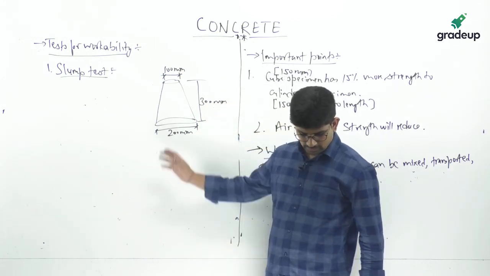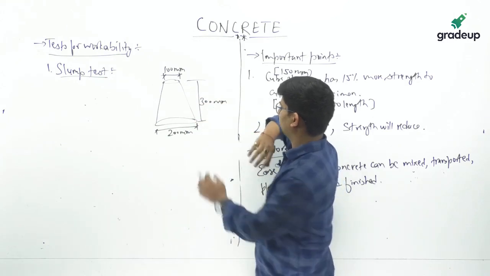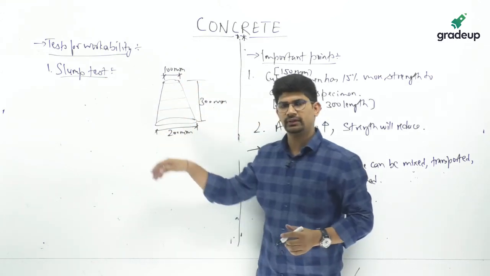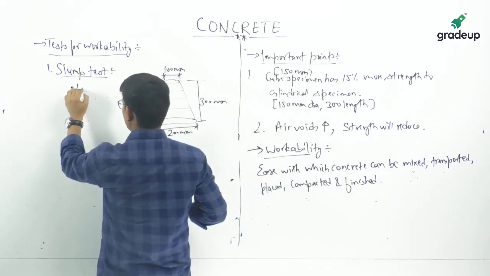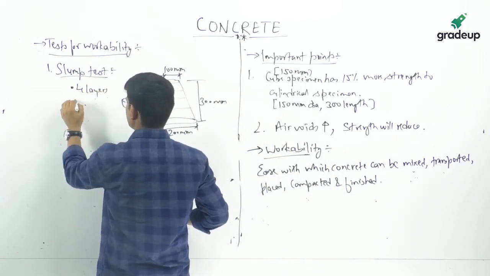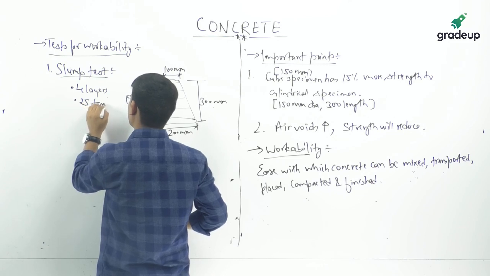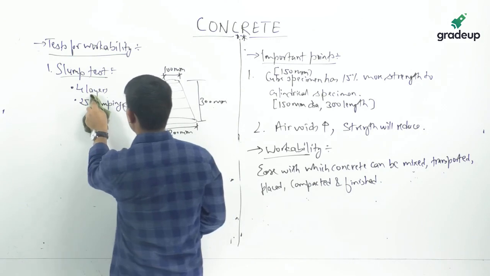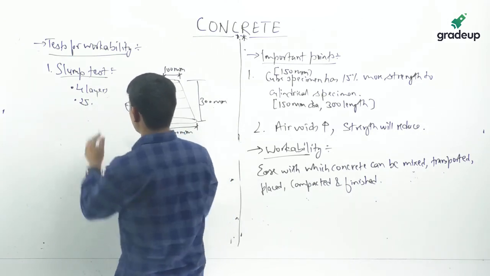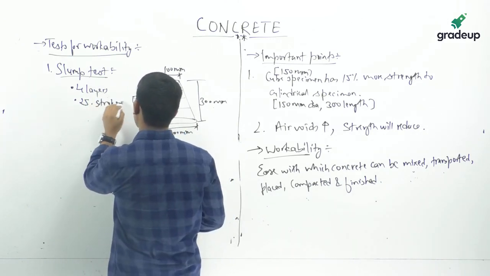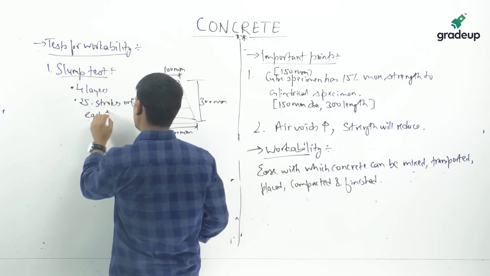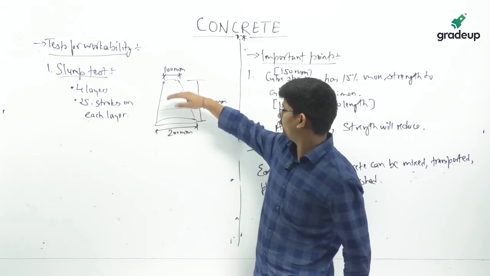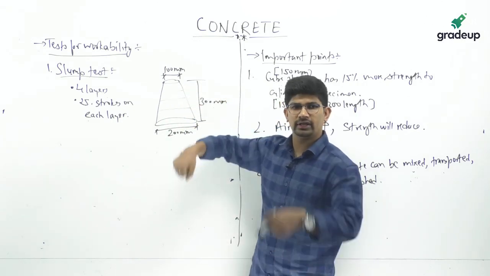Now here the mold is filled in 4 layers, 1, 2, 3 and 4, and 25 strokes on each layer. Then this cone will be removed.